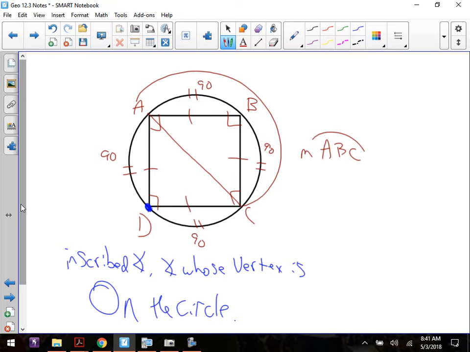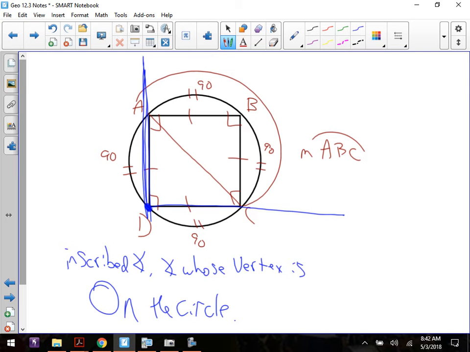Now, when you're on the circle, your vertex lies on the circle, you are inscribed. Now, when you have that, watch what the chords that create it do as they continue outward. You guys okay with that? Those chords intercept an arc. Remember we talked about that yesterday?